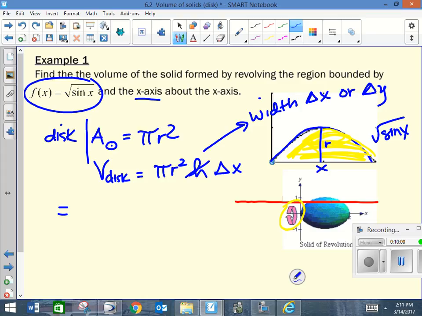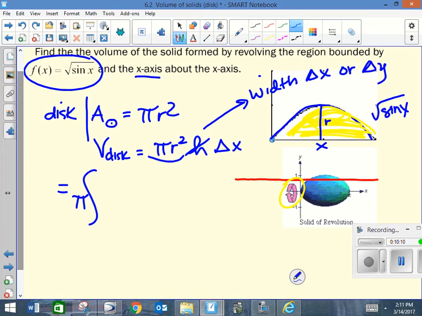Now, to do the area, remember that was an integral. So we're just going to do pi times that area. I'm going to leave my pi out here because it's just going to mess up all my numbers. What's my radius? Right here, top to bottom: radical sine of x minus the bottom, which is 0.